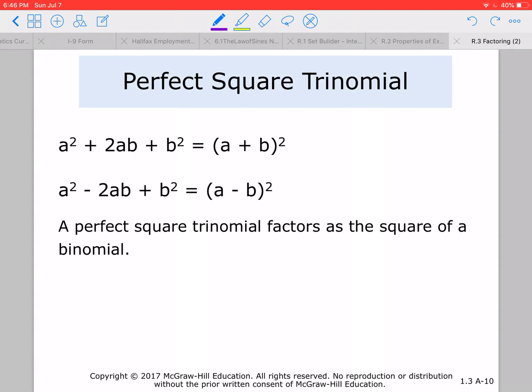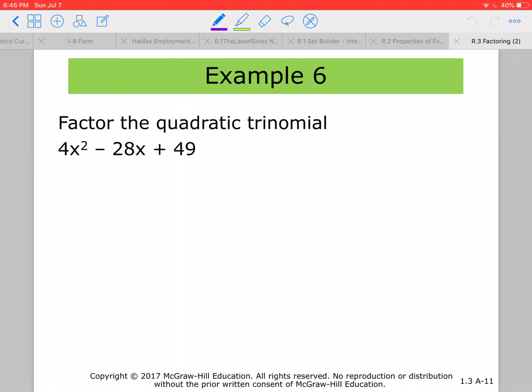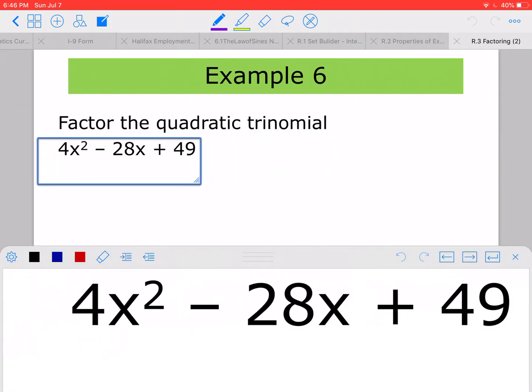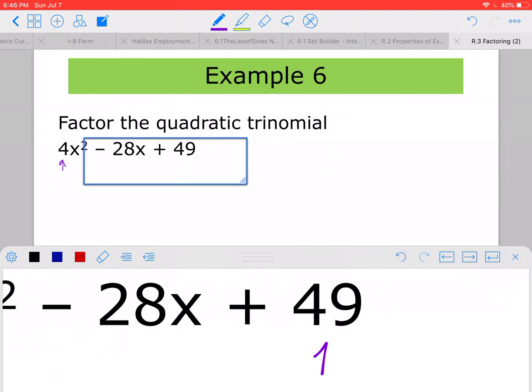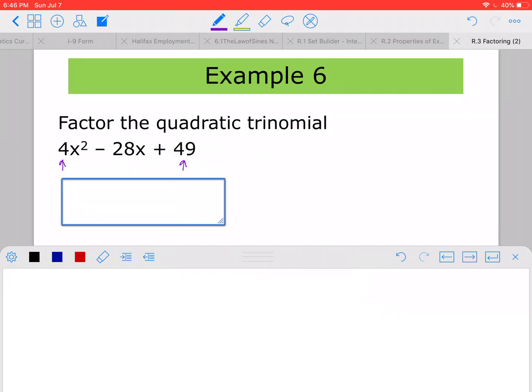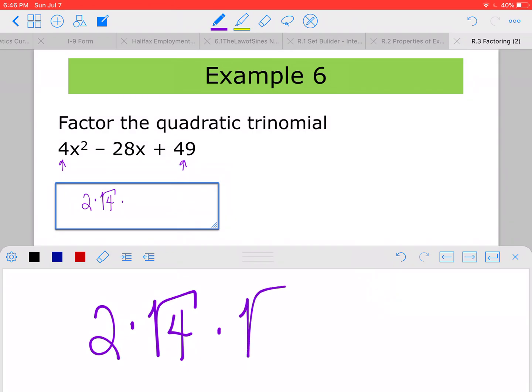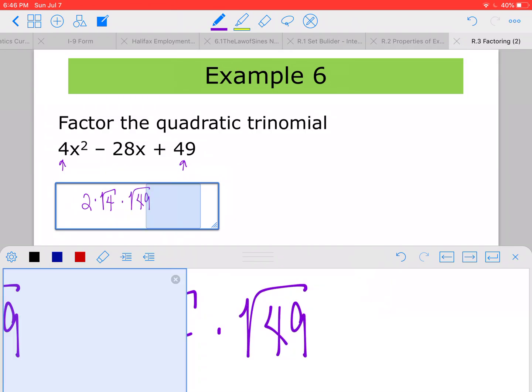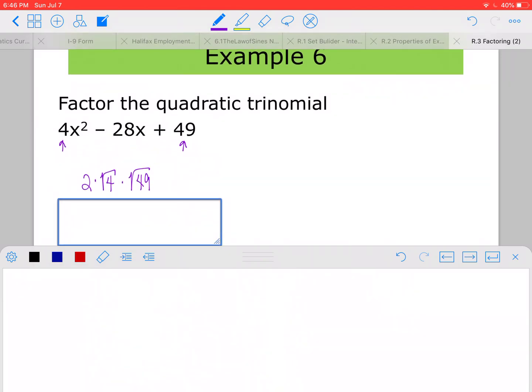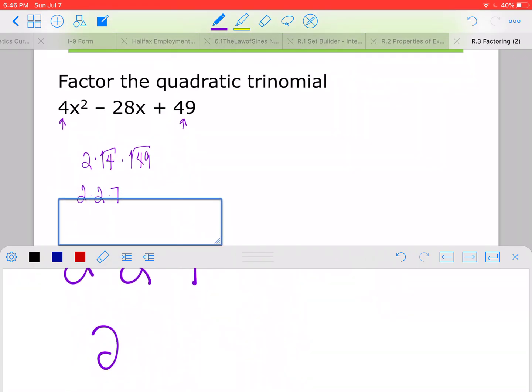So looking at an example, how do we know if this is a perfect square trinomial? Well, first of all, if you recognize you've got a perfect square here and you've got a perfect square here, let's look and see if that number in the middle is 2 times the square root of the first term times the square root of the last term. If it is, then we've got a perfect square trinomial. So 2 times 2 times 7, that's 4 times 7, which is 28. So yes, we have a perfect square trinomial.